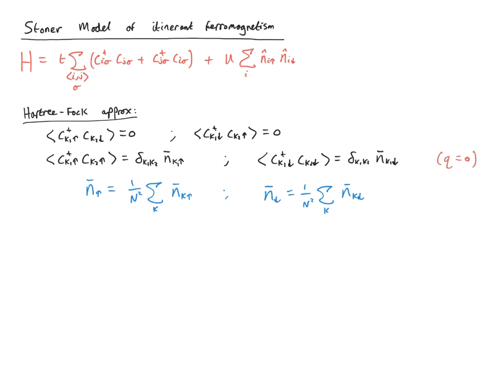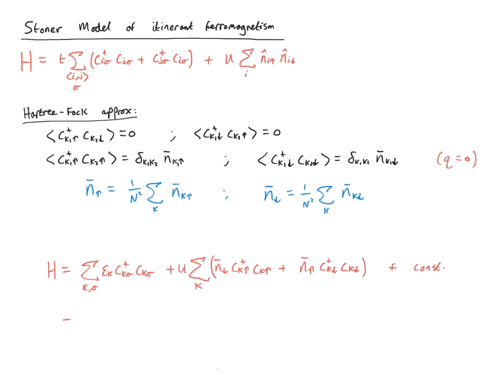We can now substitute that into our mean field Hamiltonian, and we would get the following, which basically tells us that the population of the k up orbital depends on the average value of the occupation of the down electrons in the entire system, and the population of a given k down orbital depends on the average n up population in the whole system. Plus, there's a constant added to the Hamiltonian here that doesn't affect the dynamics, so we'll ignore that in what follows.